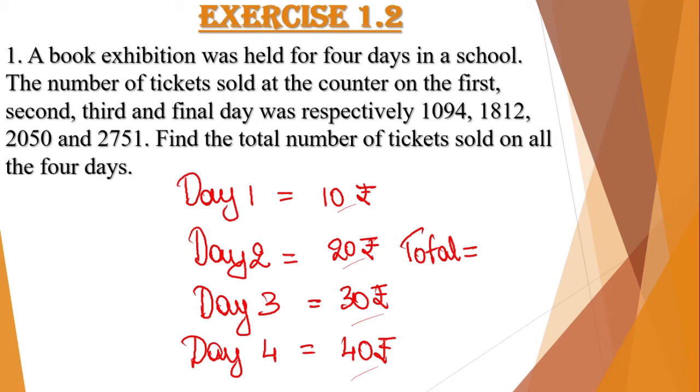So, when we add 10 rupees, 20 rupees, 30 rupees and 40 rupees, we will get our answer as 100 rupees. Right, so the same thing also we are doing here. Here only the numbers are different. But we will use the same method only. We will just add and our answer will be the total. Right. So let's add the numbers.